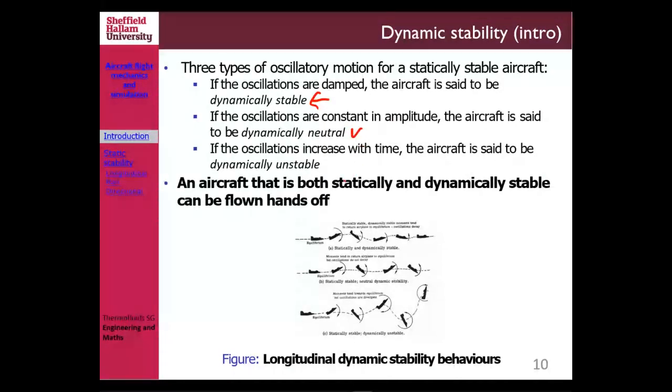That could happen, by the way. If the oscillation increases with time, the amplitude is growing and growing, a divergence oscillation, then that is dynamically unstable. That is what happens if your aircraft is dynamically unstable.